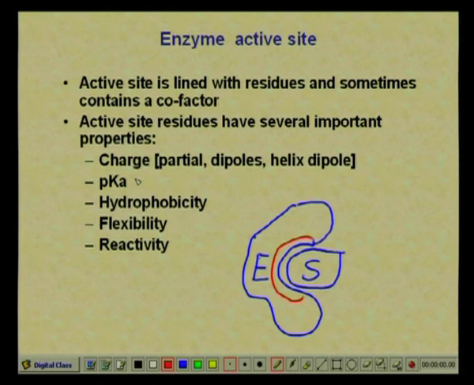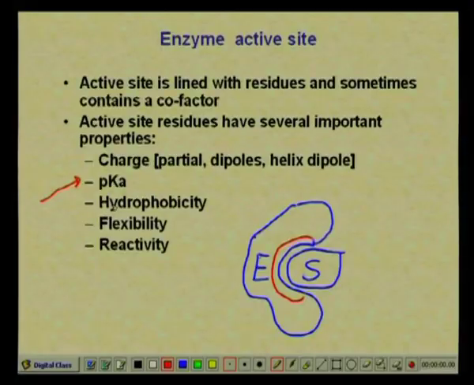And if you remember, I mentioned that the histidine amino acid residue has a pKa of 6, okay, and it lines a lot of active sites of enzymes, the sole reason being that the pKa of histidine is close to the physiological pH of 7.4. Okay. So, it can act, we will see how it does that later on in a later class. It acts not only as a base, it can also act as an acid.